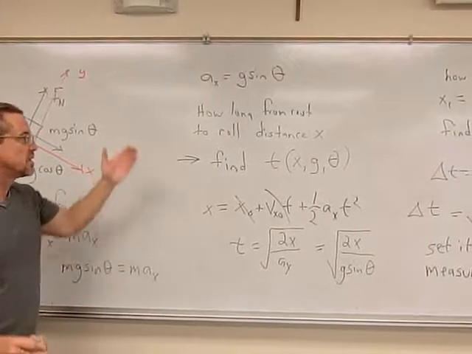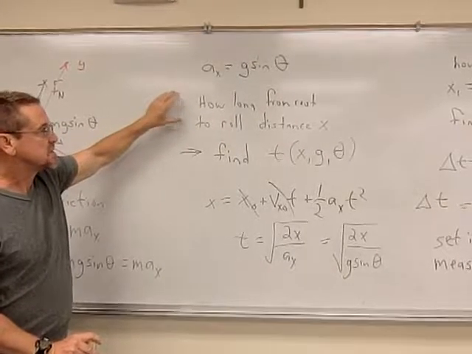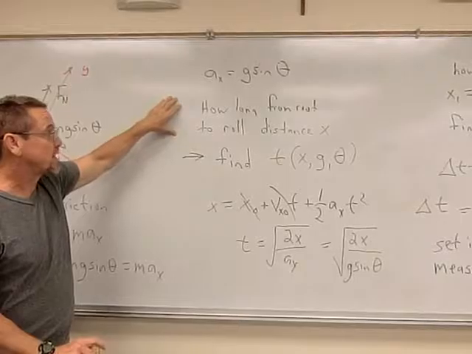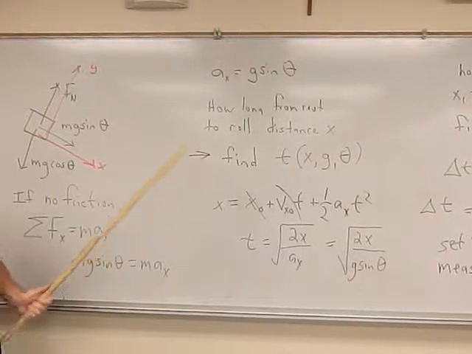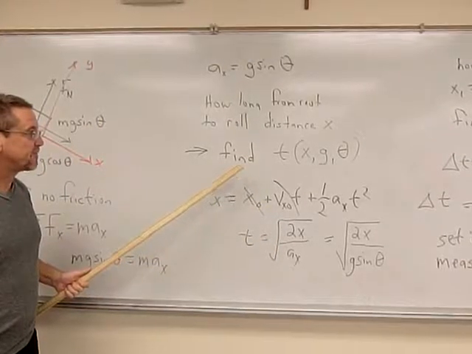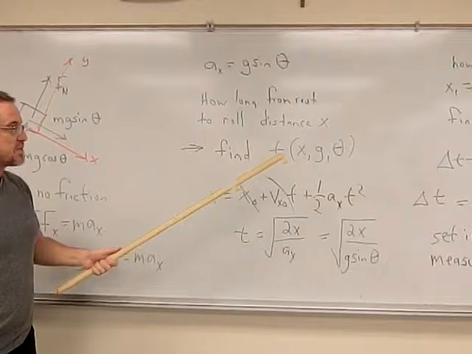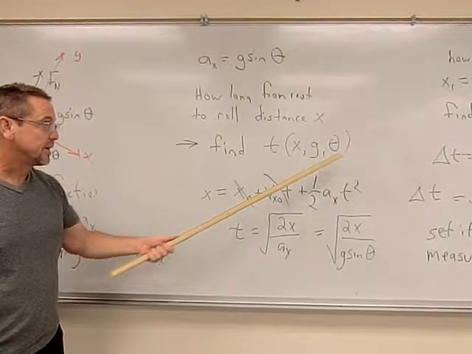So the question I want to start off with is, how long does it take an object starting from rest to roll a distance x? I want you guys to repeat this. I want to find the time as a function of how far, gravity, and the angle.